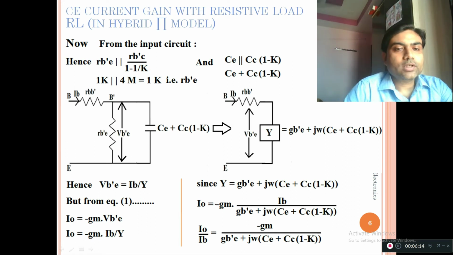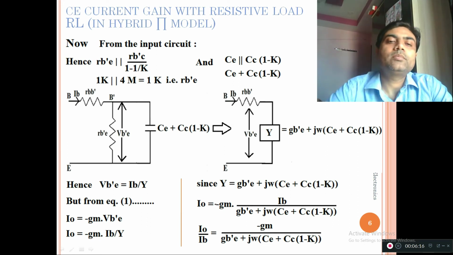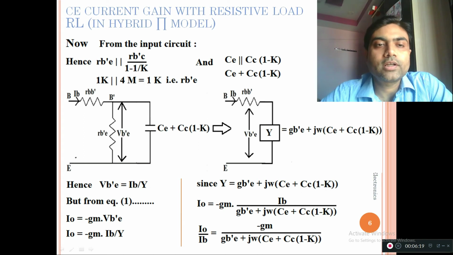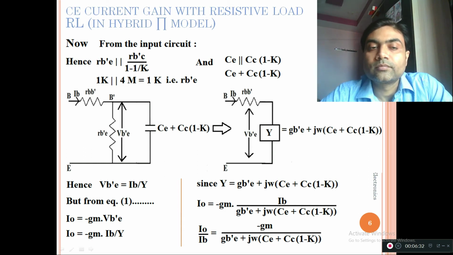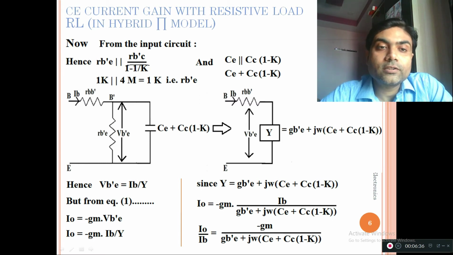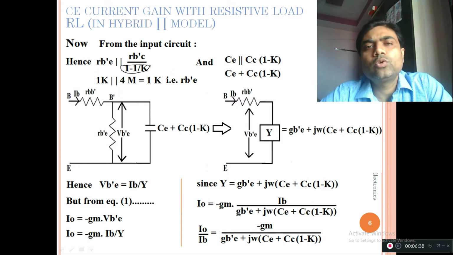Now from the input circuit, as we have done in the previous case of the short circuit current gain as well, this RB dash E and this RB dash C upon 1 minus 1 upon K are in parallel. We have calculated K as 50. So this particular value has no meaning for me.